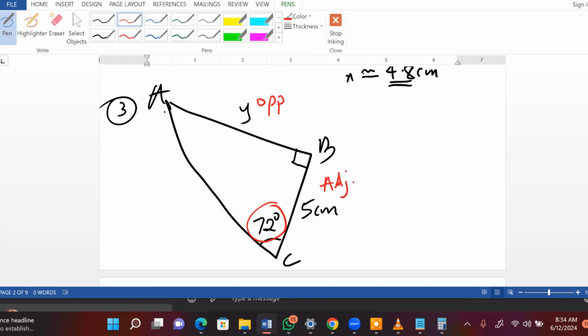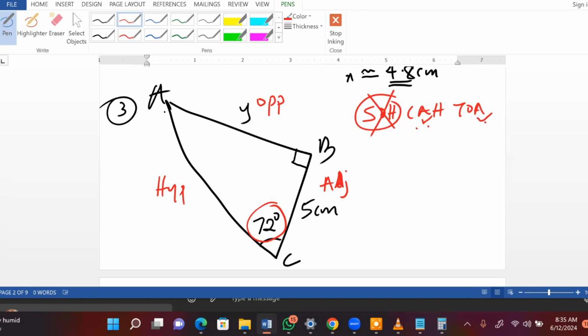And then the last one is the hypotenuse. So which one of SOHCAHTOA do we look for, according to what is given? Adjacent is given, okay? So this one has adjacent, and this one has adjacent, so it cannot be the answer. It's between this and this.